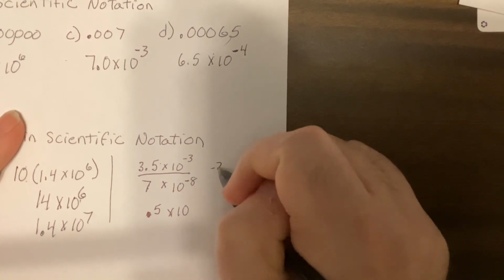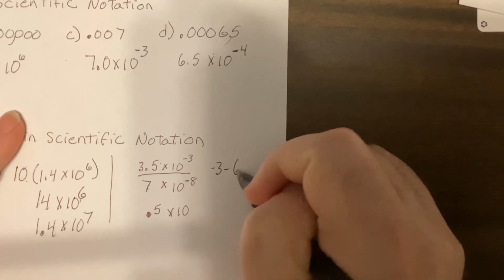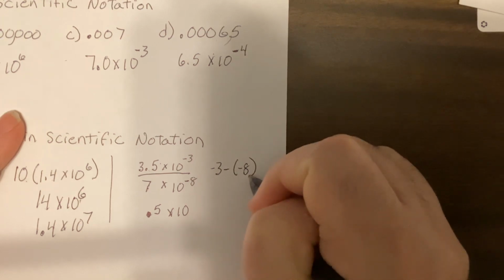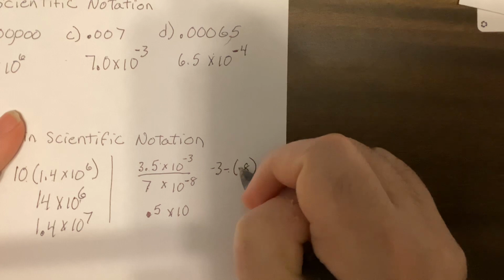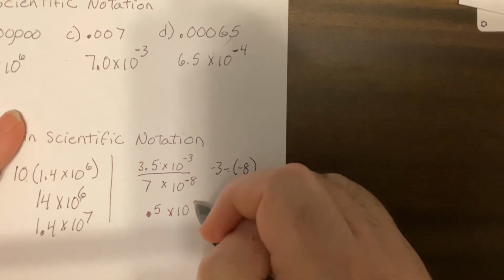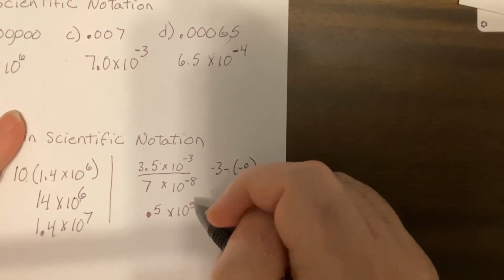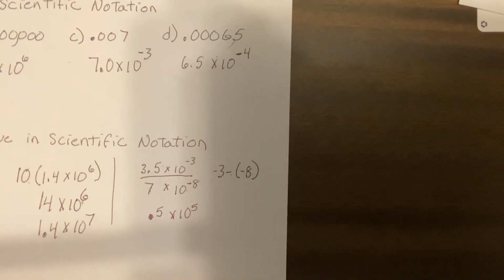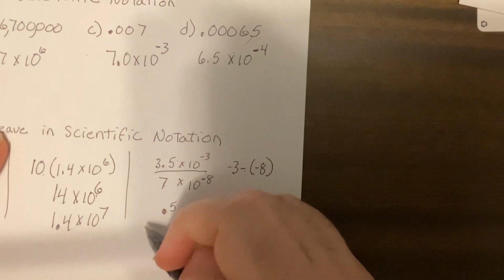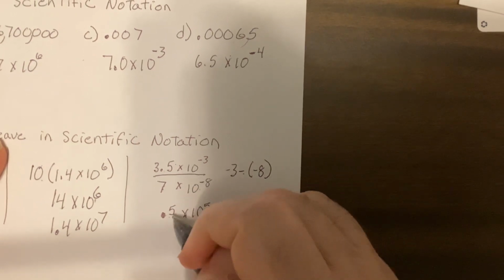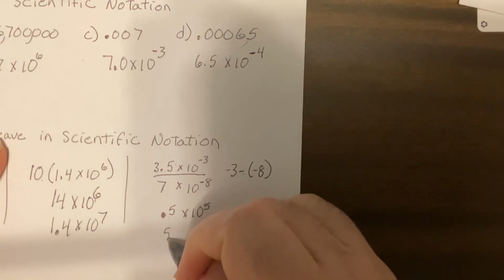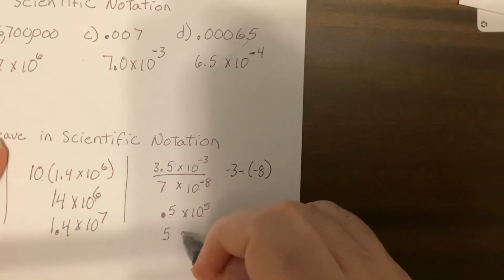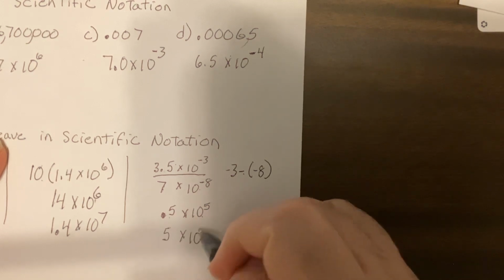So it'd be negative 3 minus a negative 8. Minus and minus is plus. Negative 3 plus 8 is 5. Or you could just say move this up and make it positive. Now this is a number less than 1, so I gotta move this, make this bigger. If this one got bigger, this one's gotta get smaller.